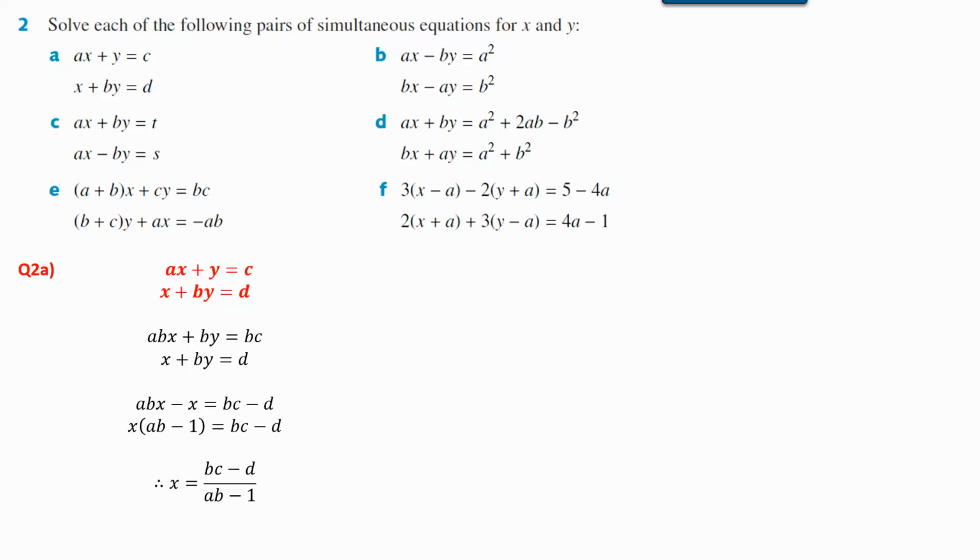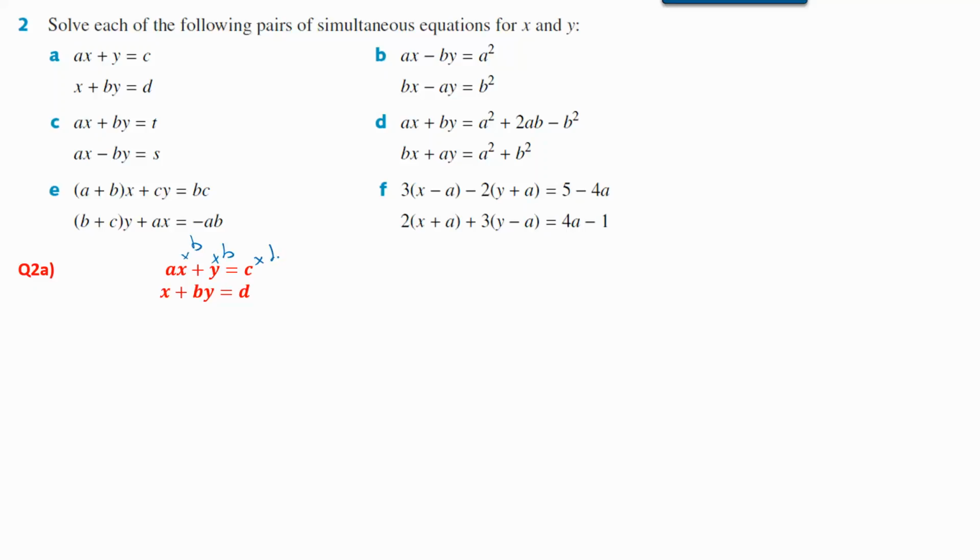So the elimination method, as you can see, I'll go a bit slower here. All I'm saying is you just need one of the terms to be the same. If I times this by b, times this by b, times this by b, that gives me abx plus by equals bc. The second line, I've got that. I can say now, elimination method: equation 1 take away equation 2.